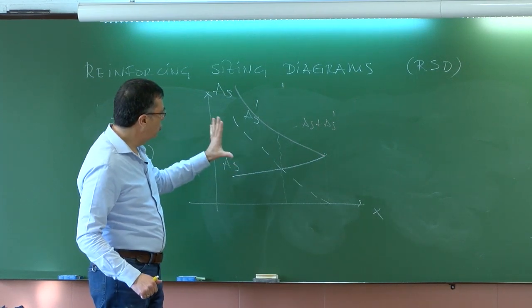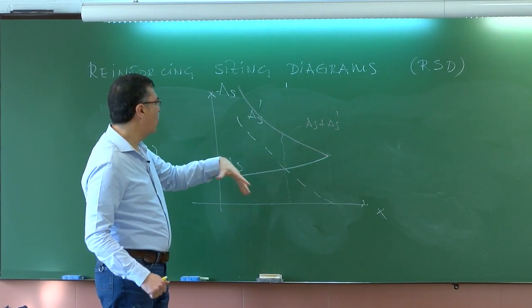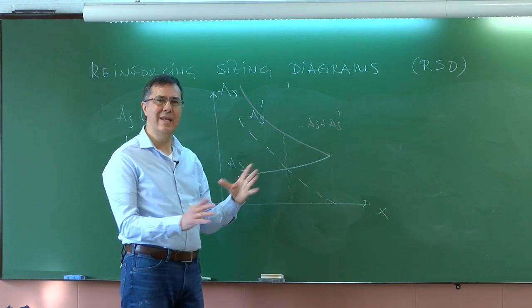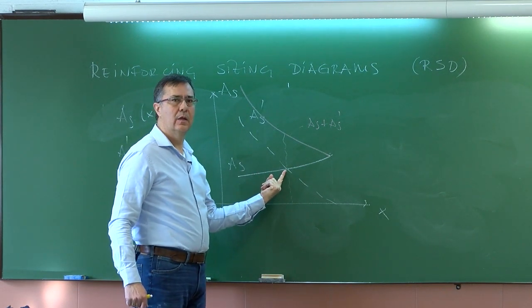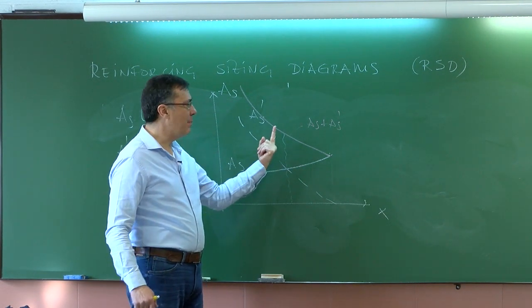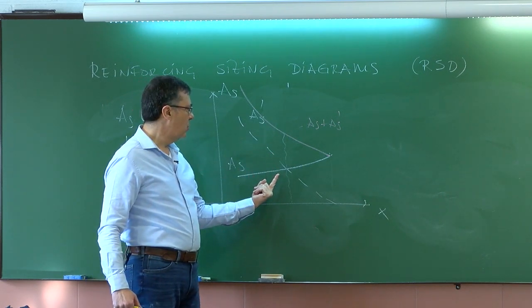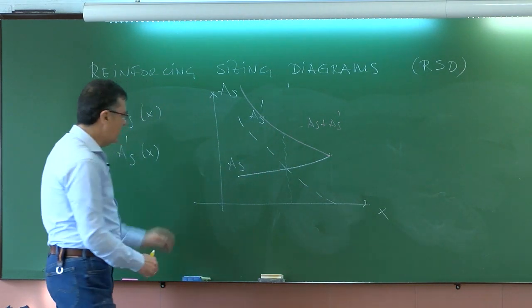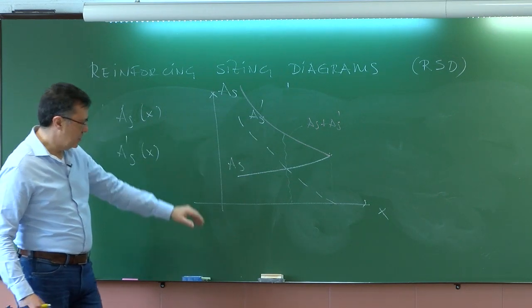So we can look at all the possible solutions. We gain nothing if we design for the symmetrical, because the ultimate bending moment and the capacity is going to be the same. So let's do an example, because this is very useful in some types of structures.